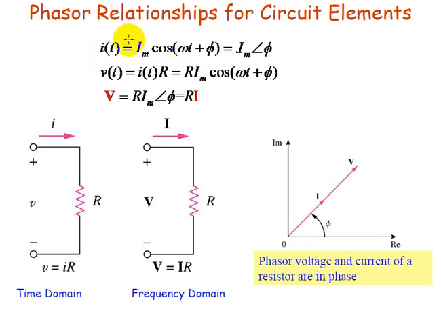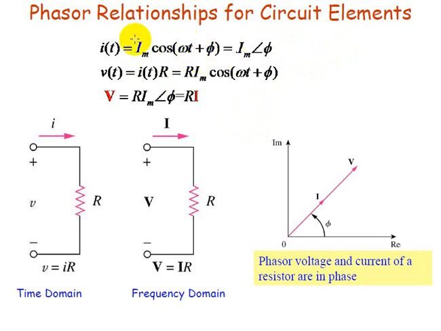If we convert this term, which is represented in the time domain, into the phasor domain, we get Im angle phi, since the function is cos.